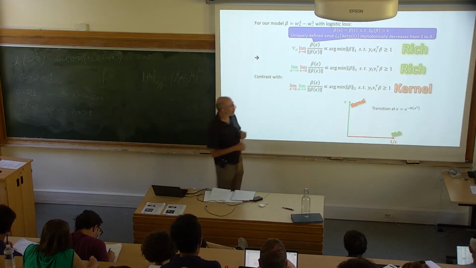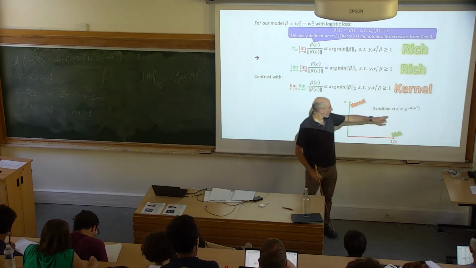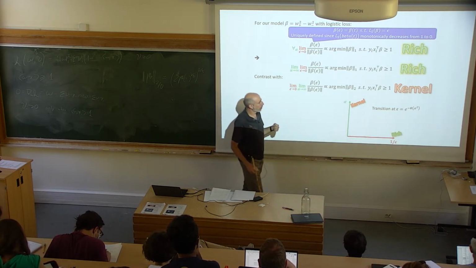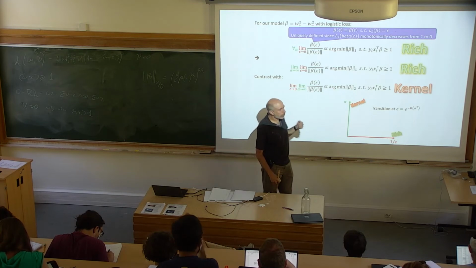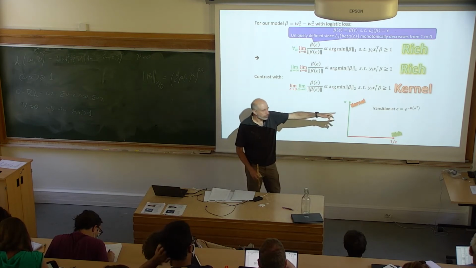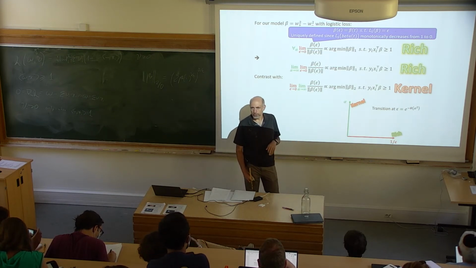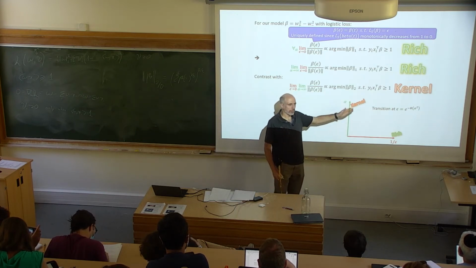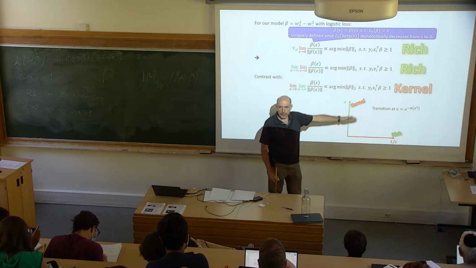The answer is that for initialization alpha, you're going to be in the kernel regime until epsilon is exponential in alpha squared, e to the negative alpha squared. And you can also have a complementary result that tells you that once you're past that point, you're in the rich regime.